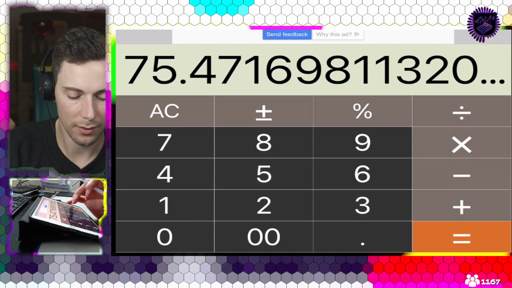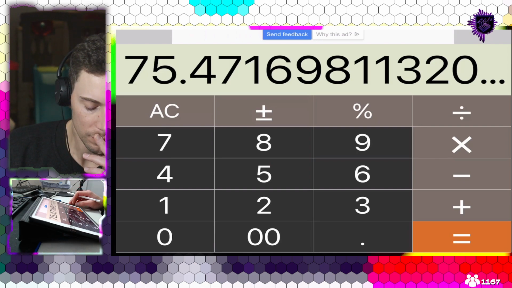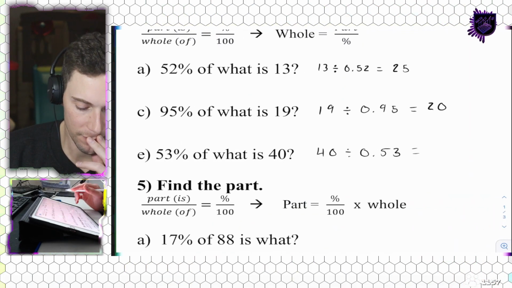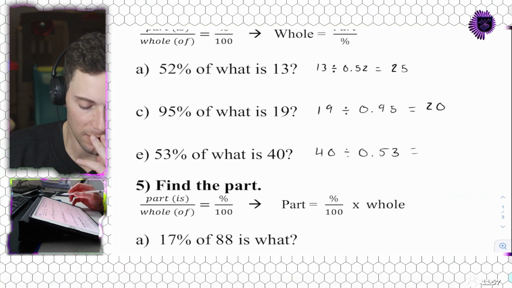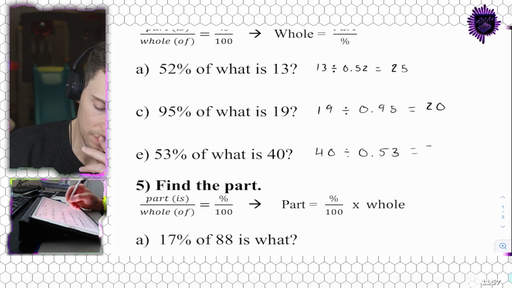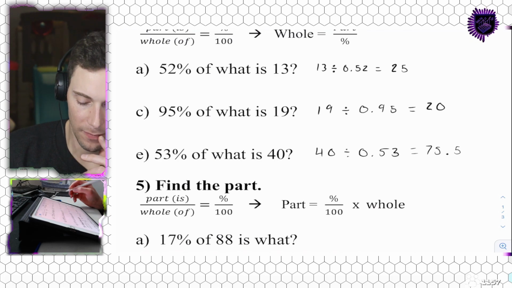I was way off. 75.4. That's not 50. 75.5.